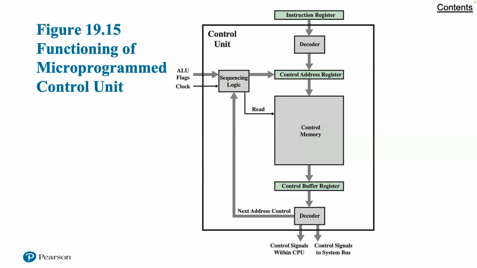In a vertical microinstruction, a code is used for each action to be performed, and the decoder translates the code into individual control signals. The advantage of vertical microinstructions is that they are more compact than horizontal microinstructions, at the expense of small additional amounts of logic and time delay.